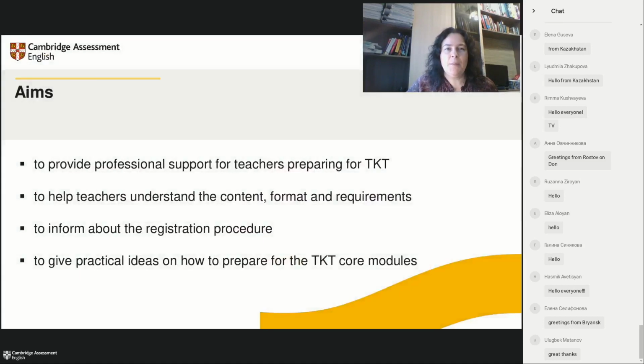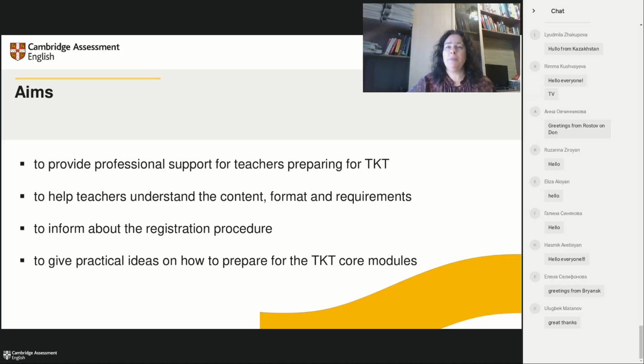The aims of this session are the following. I'm going to give you some information about the core and specialist models, focusing mainly on the three TKT core models, but also highlighting other teaching qualifications available from Cambridge Assessment.